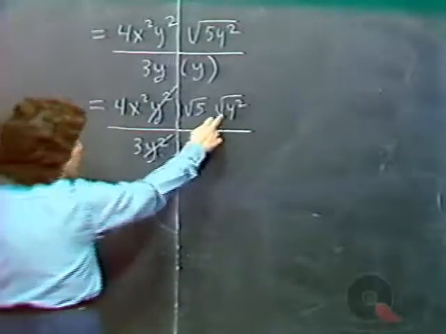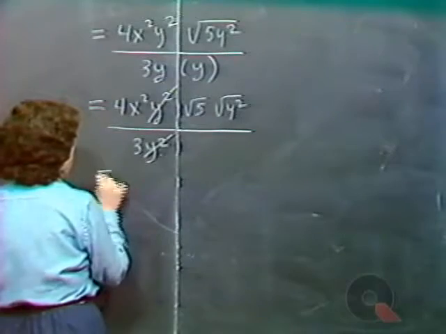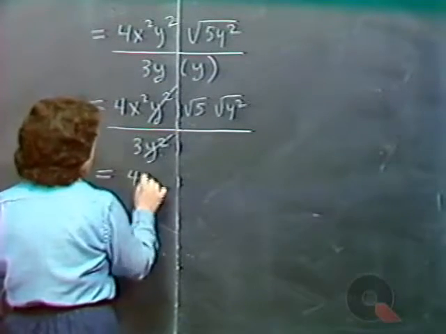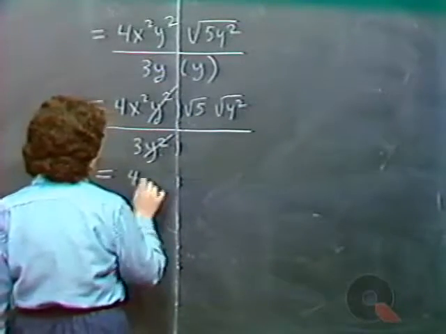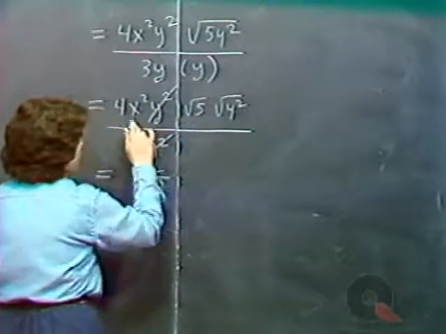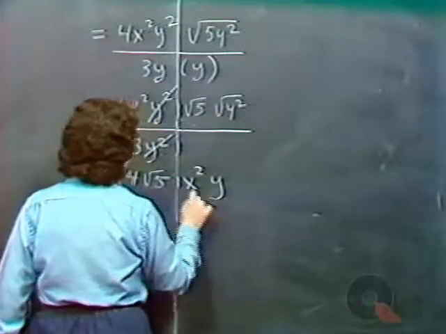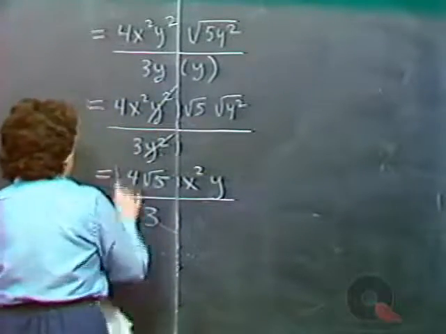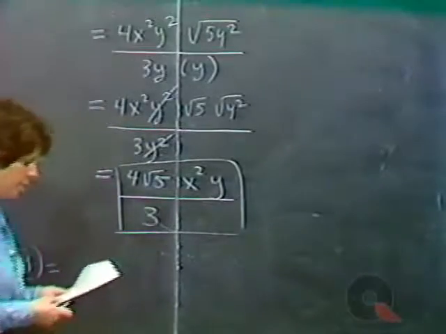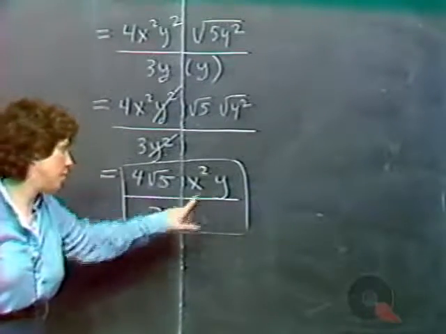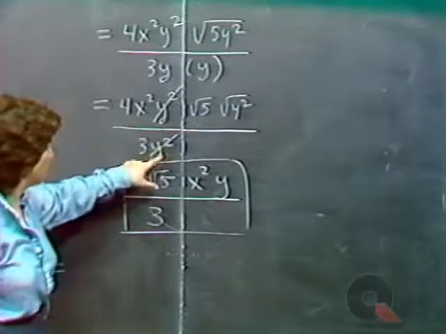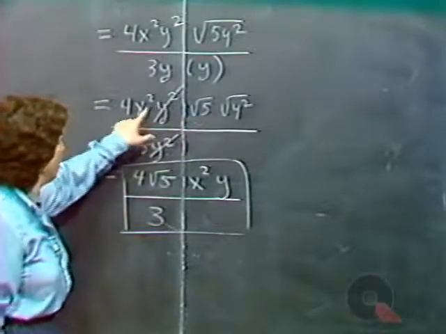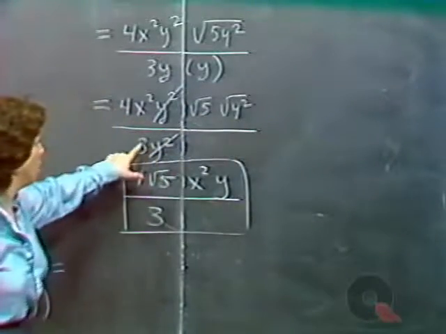The square root of y squared is just y, and we get here, for our final answer, putting the constants first, 4 times the square root of 5, x squared y over 3. The y squareds canceled. 4 times the square root of 5, x squared times y over 3.